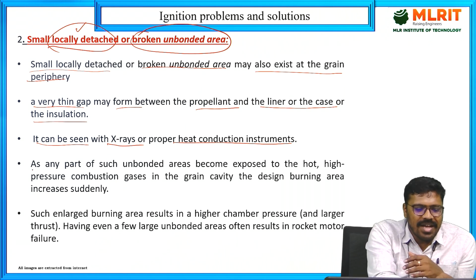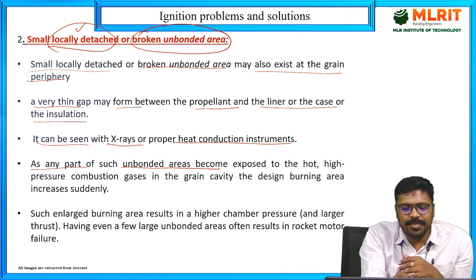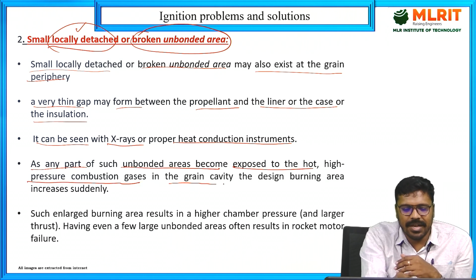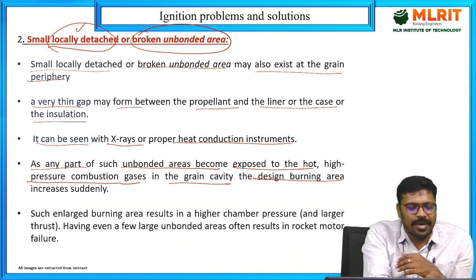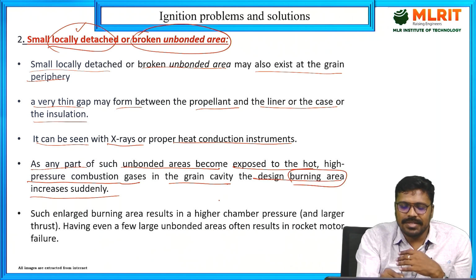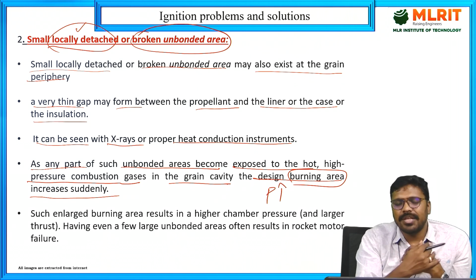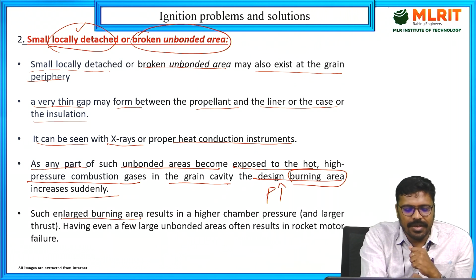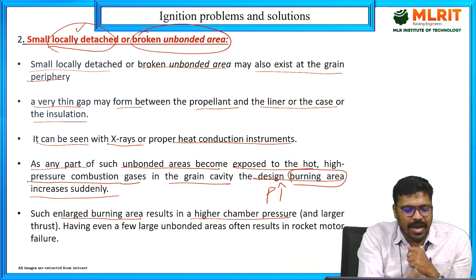As any part of such unbonded areas becomes exposed to the hot, high-pressure combustion gases in the grain cavity, the designed burning area increases suddenly. When the designed burning area increases, the pressure in the chamber also increases suddenly. Such an enlarged burning area results in higher chamber pressure and larger thrust.